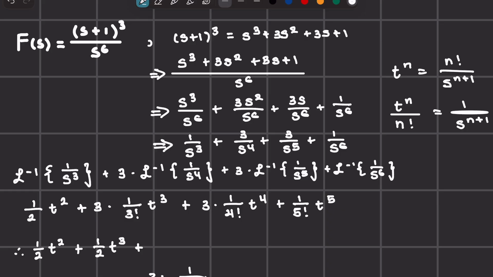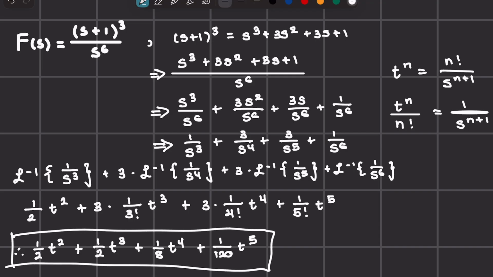So 3 over 24 is 1/8, so we can write here 1/8 t to the 4. And we do know that 5 factorial is just 120. So we have here 1 over 120 times t to the fifth power. And that's how you solve inverse Laplace transform.